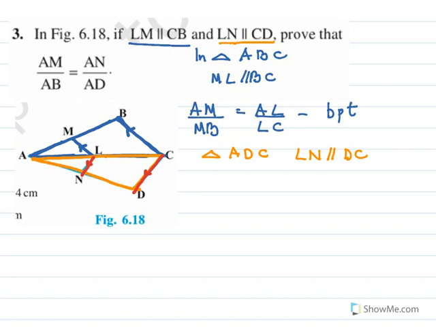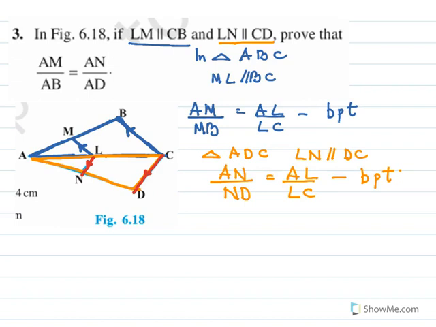When we use BPT, we will see AN over ND will be equal to AL over LC. So AN over ND equals AL over LC, by BPT.